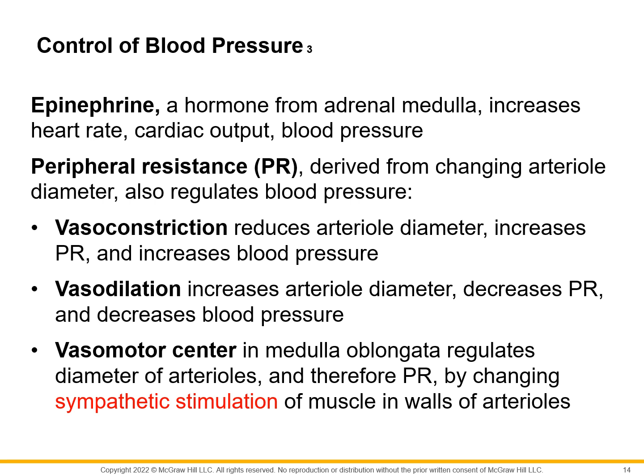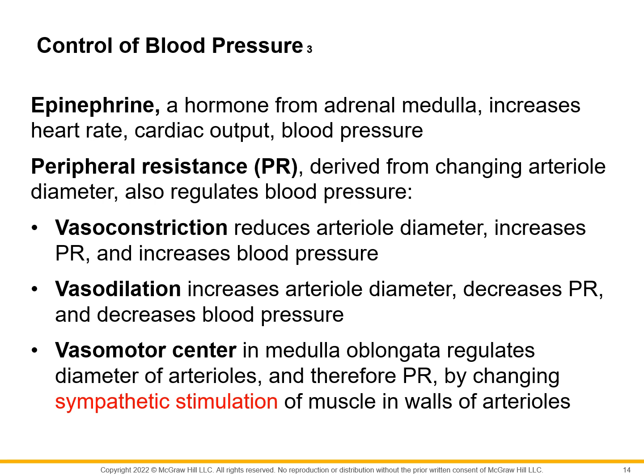It is like a mediator. We also mentioned that the peripheral resistance is affected by vasoconstriction and vasodilatation. Vasoconstriction occurs due to sympathetic stimulation, and vasodilatation increases arterial diameter, so it decreases the peripheral resistance and as well decreases the blood pressure.